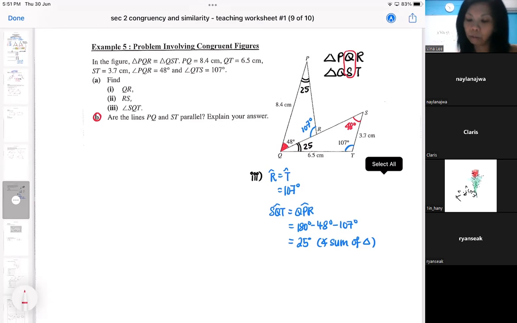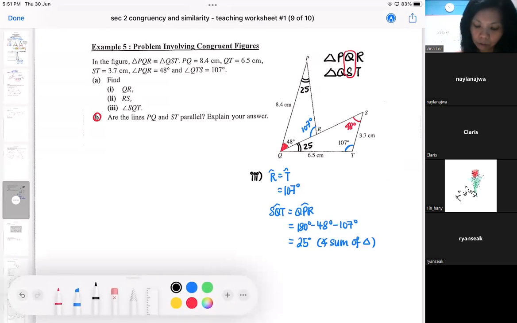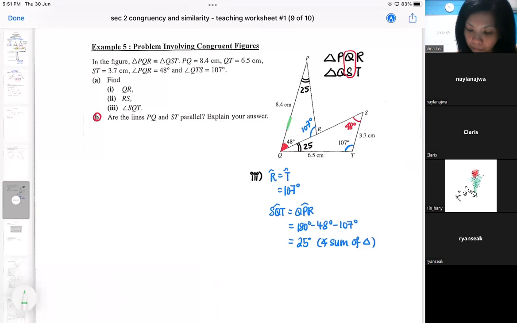Are they parallel? Some of you may be looking here. You may look at this angle, so you can explore that angle first. PQT is 48 plus 25.